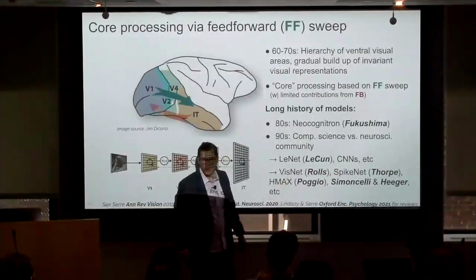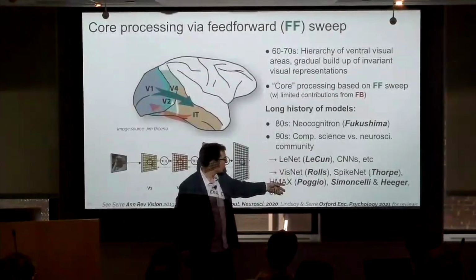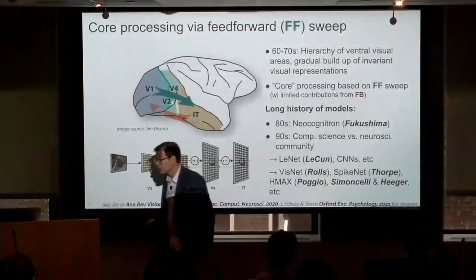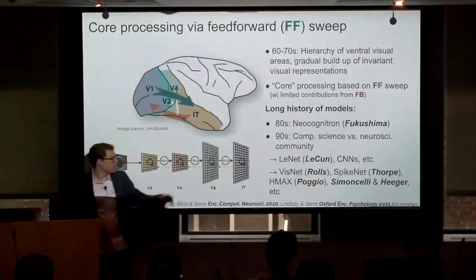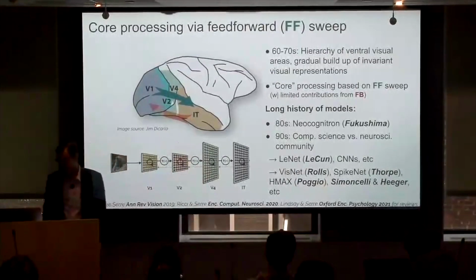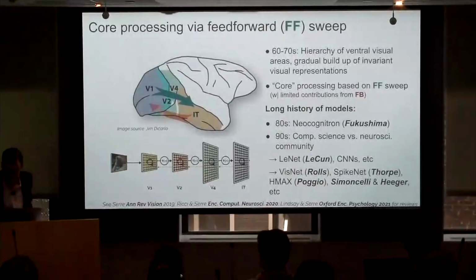This was the work that led to the modern-day convolutional neural networks. But then there's also a whole neuroscience community that worked in near complete independence from the work done in computer science, with the development of hierarchical models, both for ventral stream shape processing and dorsal stream motion processing.